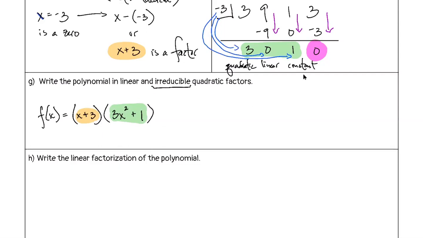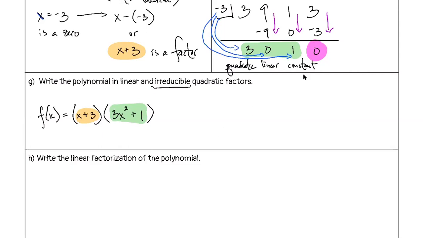Now the important thing here is that green expression is a factor only if the pink number is 0. If the pink number is not 0, then we can't save it.